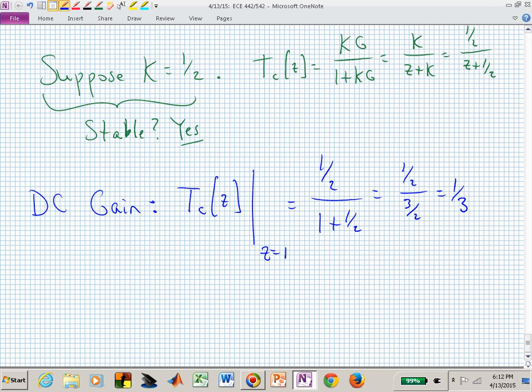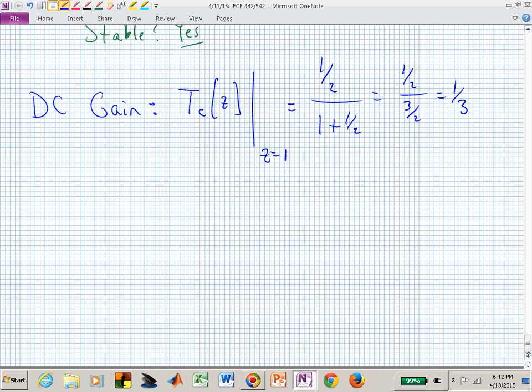Is that clear? Which means that you will have some steady state error. Your steady state error is just the reference input in the steady state minus the steady state output value, y sub ss, and let's just compute this for a unit value or a constant of 1. What's y sub ss?